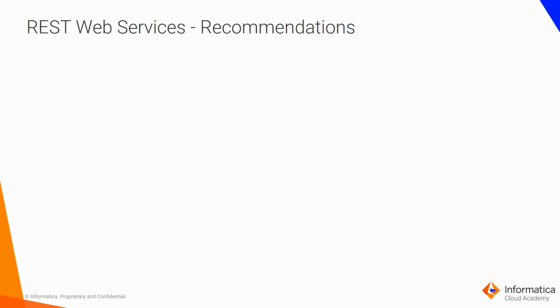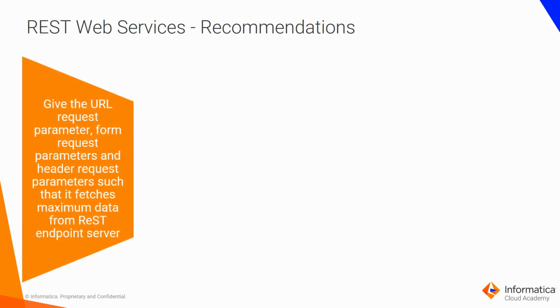To optimize the connector functionality effectively, you need to follow the given recommendations. In case you would like to fetch data using a query string in the URL, you can fetch data based on a single parameter mentioned in the query string. For a list of parameters, you could use URL input parameters config file, form request parameters config file, and header request parameters config file. It is recommended that the URL request parameter, form request parameter, and header request parameter should be such that it fetches maximum data from REST endpoint server.